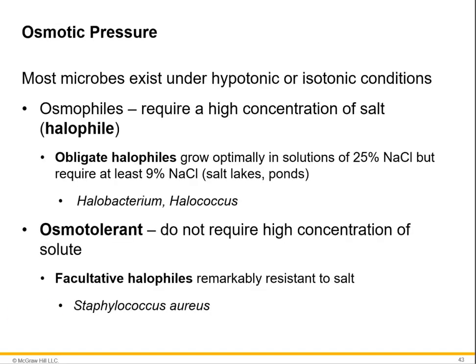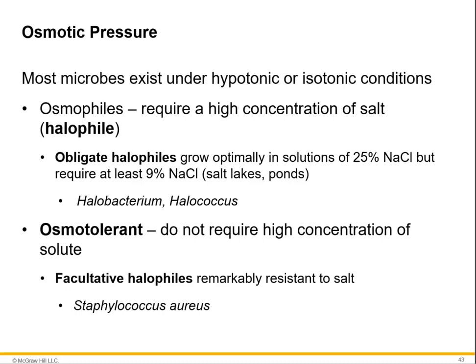So osmotic pressure, most microbes are going to live in hypotonic or isotonic environments. Osmophiles, these guys prefer environments with higher osmotic pressure, and specifically halophiles require a high concentration of salt.